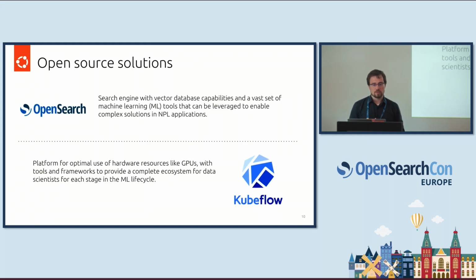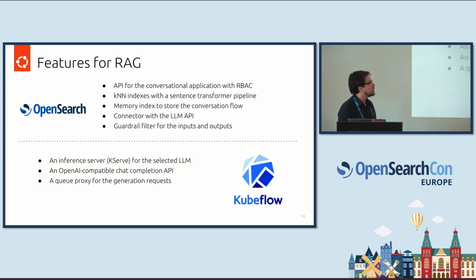We talked about the two open source solutions, OpenSearch and Kubeflow. Why OpenSearch and Kubeflow, actually? So first of all, they're very stable open source projects with a healthy community, each one. They have APIs to handle RBAC. We can use all the RBAC and APIs that OpenSearch has besides the actual data processing. We have the search, vector search with KNN, memory.